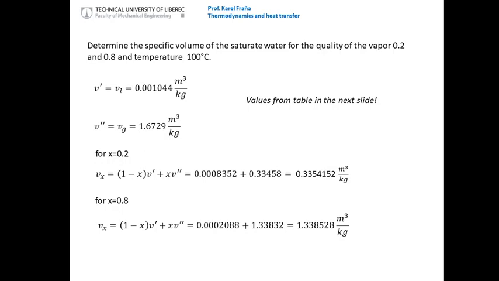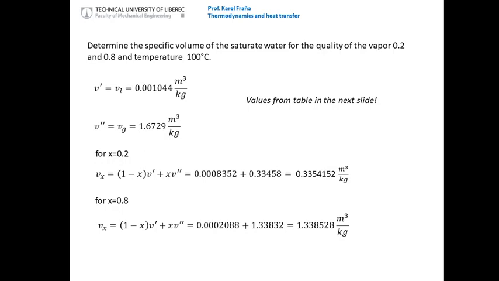Because you know already the value of the quality, you can insert these two previous values into this formula, and you will find that the specific volume for the vapor, which is defined by x equals 0.2, will be 0.3354 and so on cubic meter per kilogram.